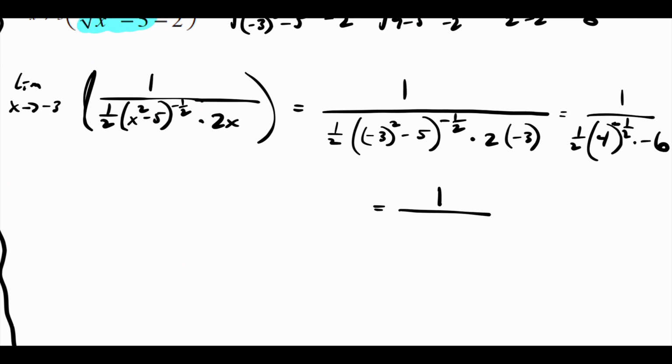It's square root, right? So it would be 2. Now what does the negative mean to do? Flip it, yeah. So it would be 1/2. So you get 1/2 times 1/2 times negative 6.